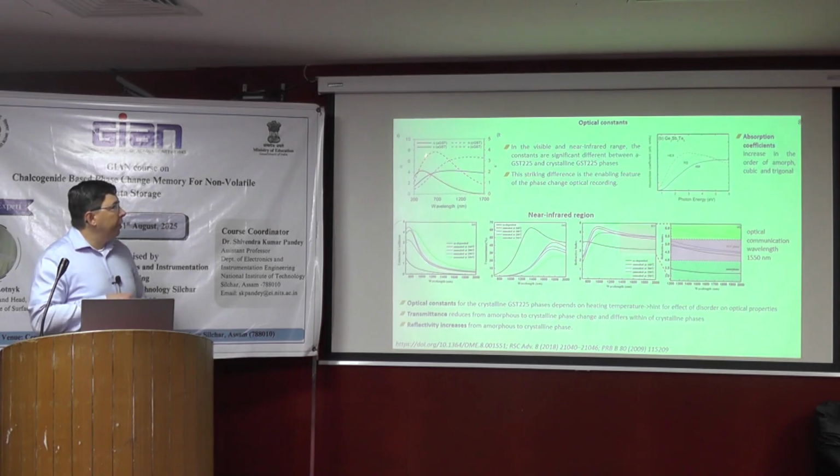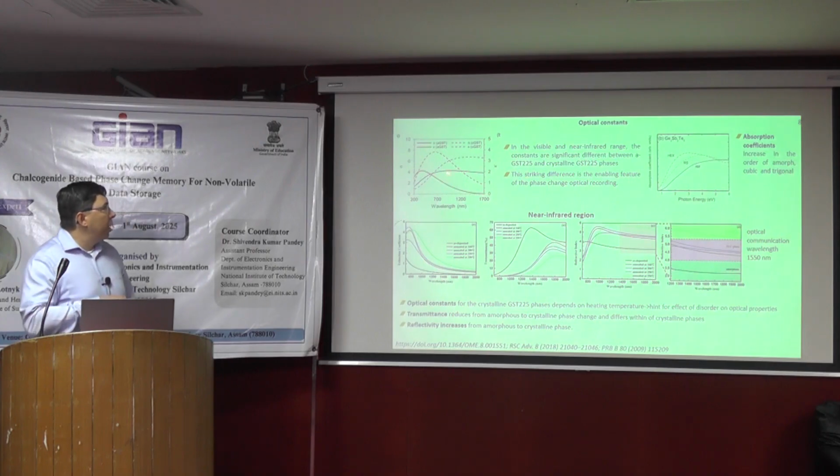Here in the visible and near infrared region, the constants are significantly different between amorphous and crystalline phase change materials. So if we consider this graph, you can see this is the K, the extinction coefficient, for crystalline, and this is for amorphous GST.